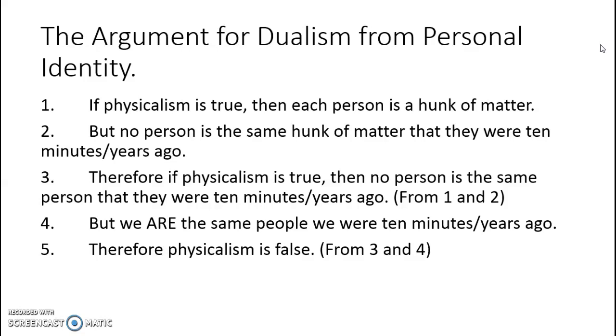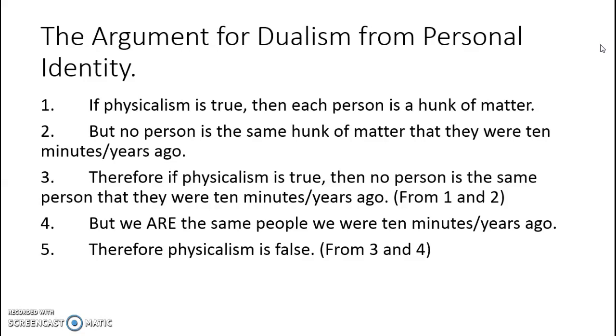But here's another thing that seems obvious. Premise 2, no person is the same hunk of matter that they were 10 minutes ago or 10 years ago. Why? Because your body is actually always replacing cells and changing, at least at an atomic level. And so we hear this common thing, every 7 years, all the cells in your body have totally replaced themselves.